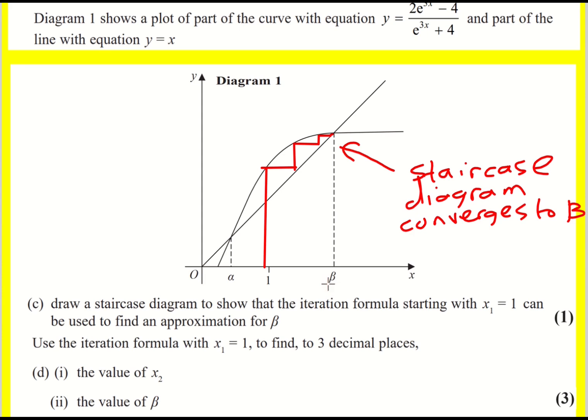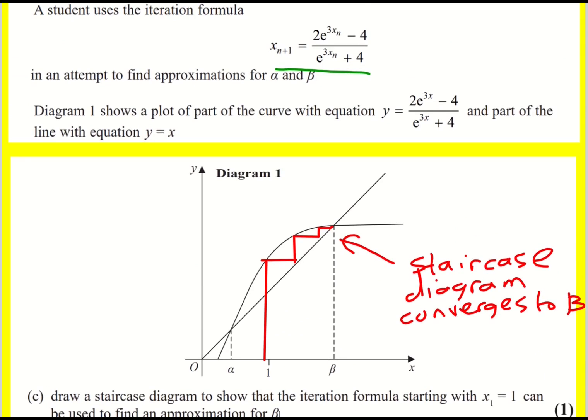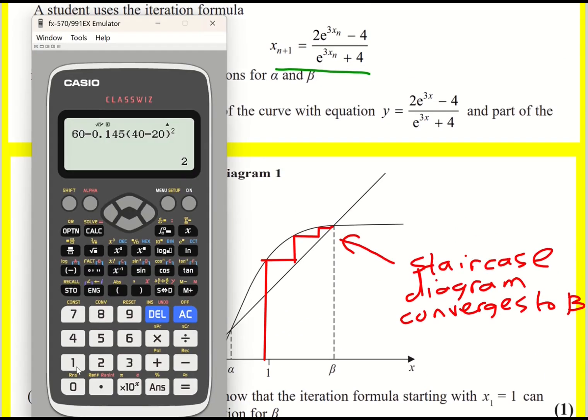We're then asked to actually use the iteration formula above with x1 equals 1 to find x2 to 3 decimal places. So a good practice here is to just have our starting value, press equals, that stores it as the answer button, and then we're going to type it in, but everywhere there's an xn, we're just going to use answer.